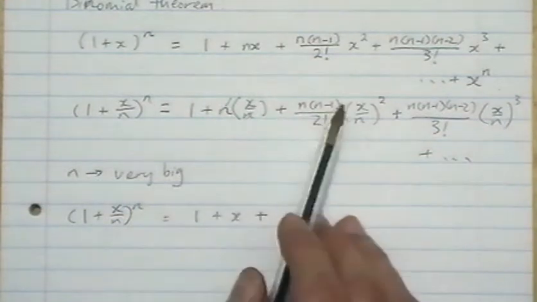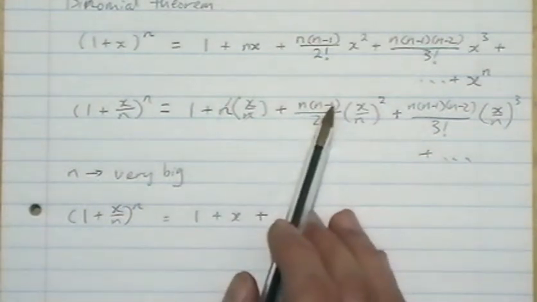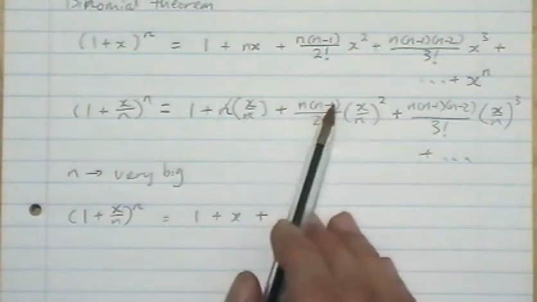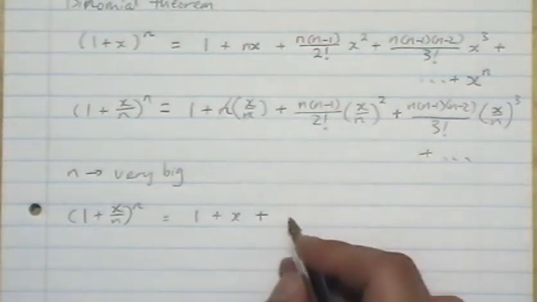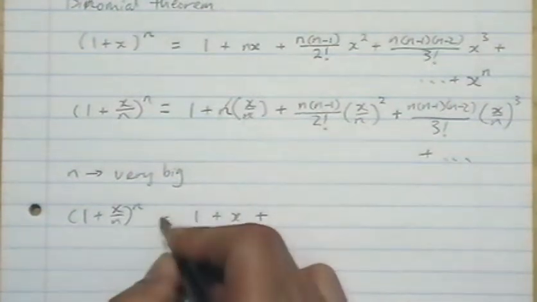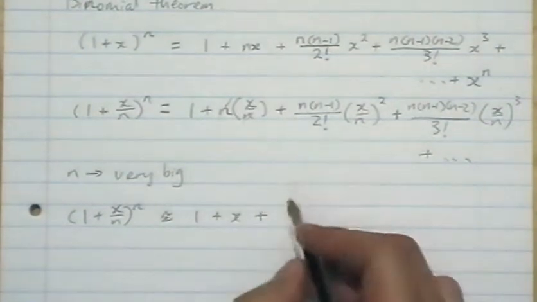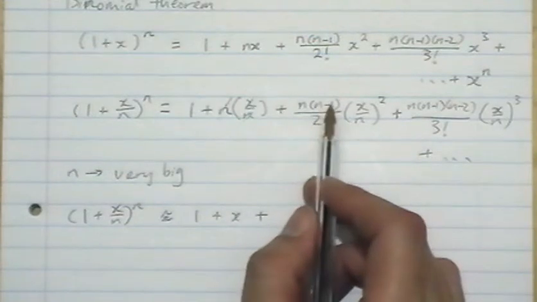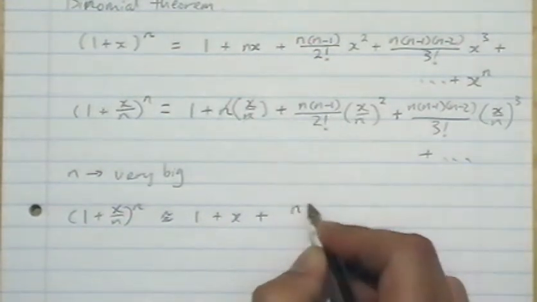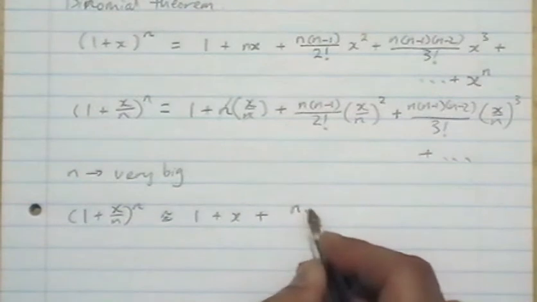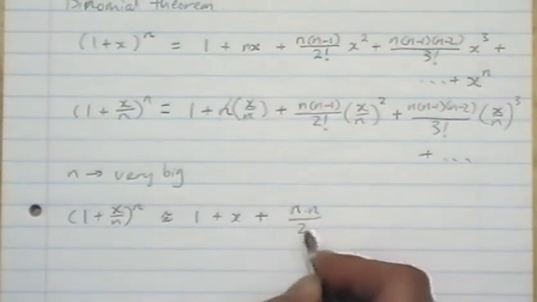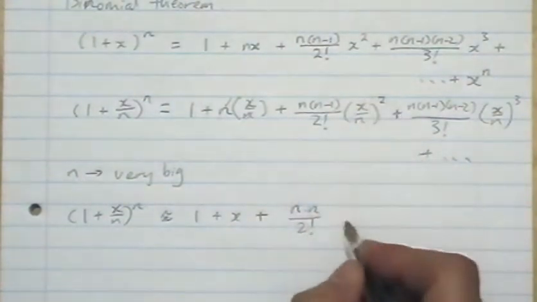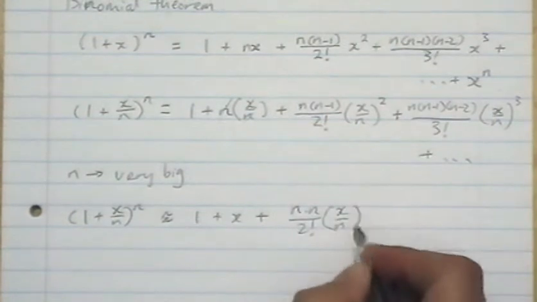We can approximately neglect the much smaller numbers that are added to it. So I would say that this is approximately, if I neglect the minus 1, n times n over 2 factorial times x over n squared.